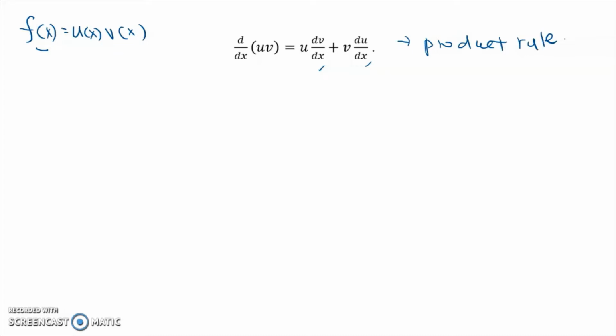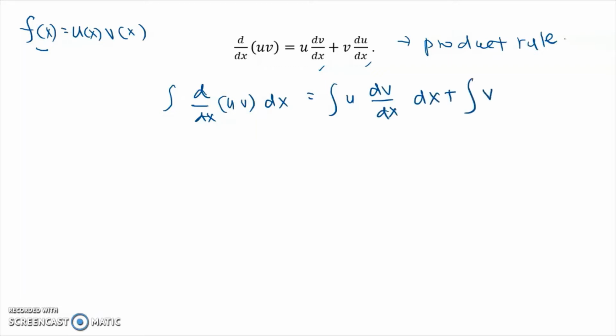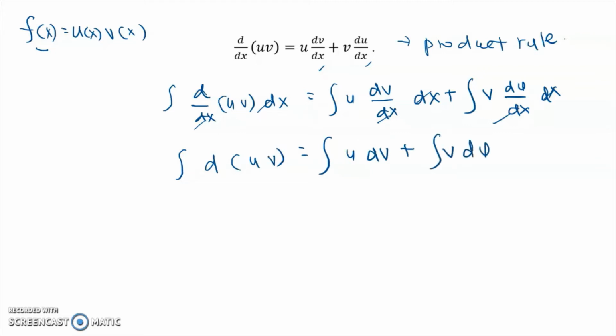So if we integrate both sides with respect to x, then we're going to get d(uv) equal to u dv plus v du.